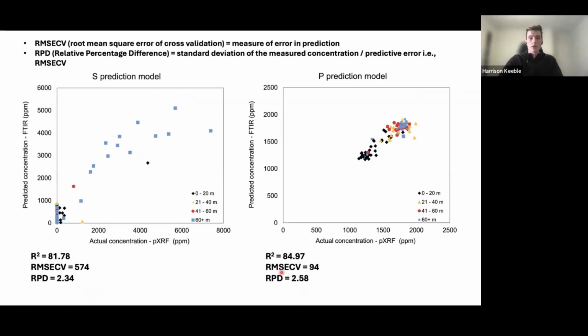We did models for pretty much a full suite of elements, but you can see some of the models are limited. They do have reasonable R-squares and RPD values. However, some of these models lacked sample numbers. You can see here, the majority of them had 0 concentration, and the ones, particularly in the sulfur, you can see most of them deeper down, which would probably be remnant pyrite.